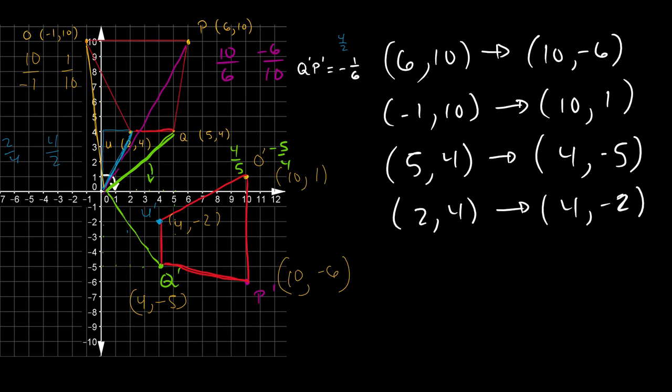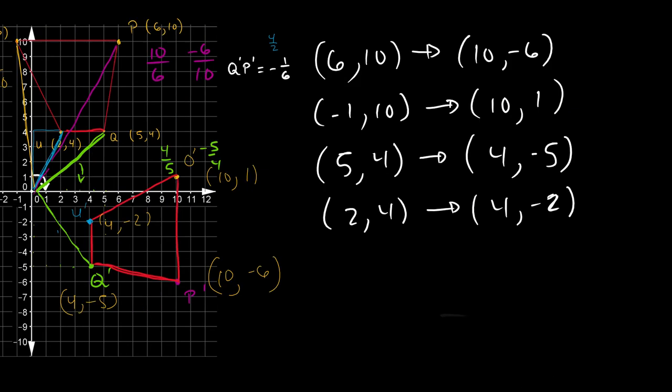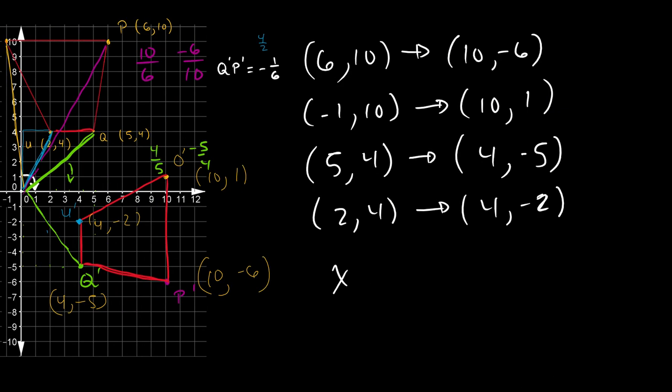So when I look at this mapping, I can see if this is X and this is Y, right? From these examples, I can say, well, look what's happening. X and Y are switching places, right? So what was the Y becomes the X. This was Y, but it jumps into the X place.